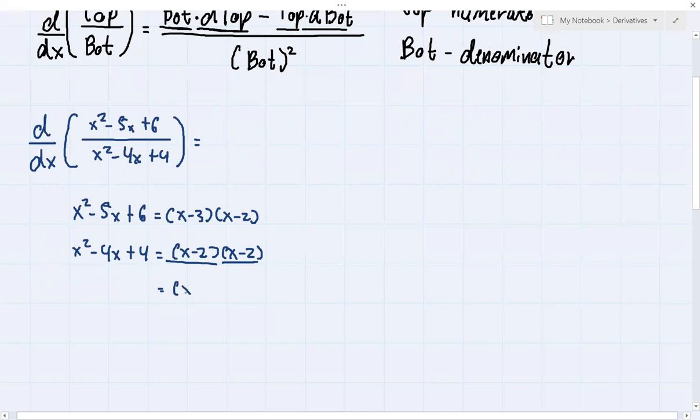So we have quantity x minus 2 raised to 1 plus 1, which is squared or 2, kumbaga. Yan. So, yun.